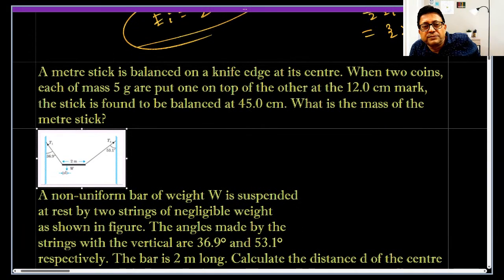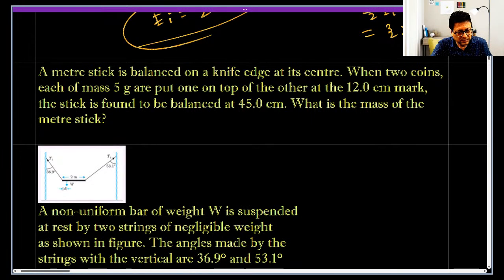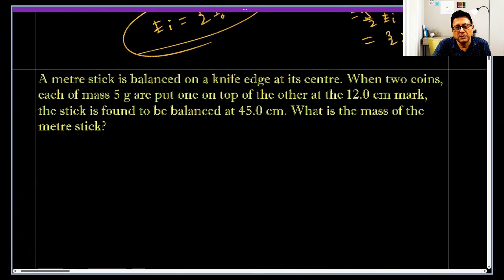Now this problem, you all can see this. A meter stick is balanced on a knife edge at the center. When two coins, each of mass 5 gram, are put on top of the other, the stick is found to be balanced at 45 centimeters.